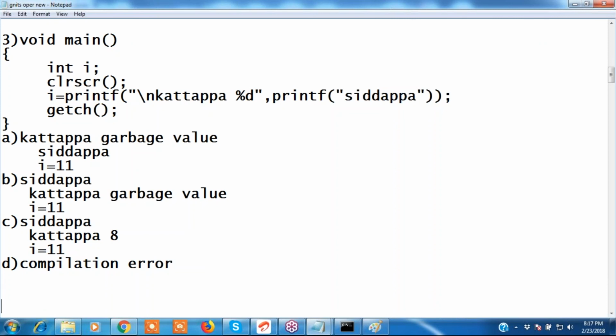But we did not print I in the program. If you write a print for the I value, then the I value also is 11. Yes, sir, the C option is correct. We did not print it, right?